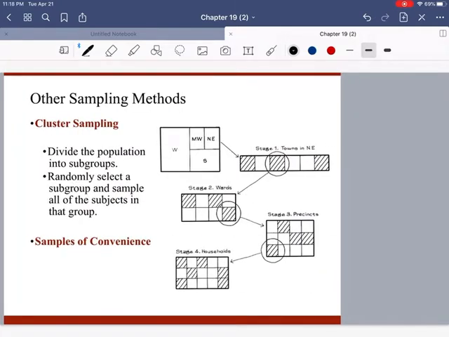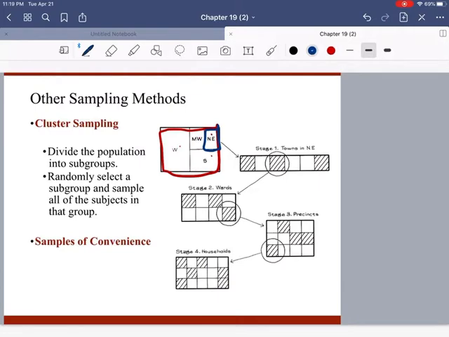So another sampling method you can do is called cluster sampling. So here's the U.S. You take the different regions of the U.S. And so we have West, Midwest, Northeast, and South. Let's take the Northeast and split the Northeast into different towns.